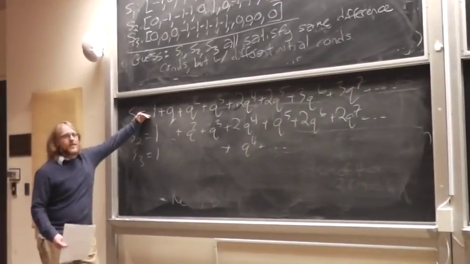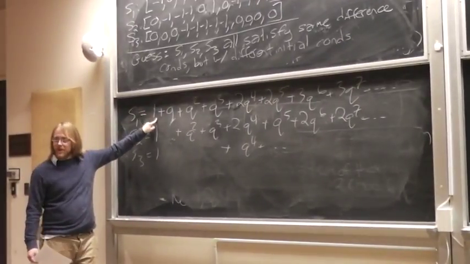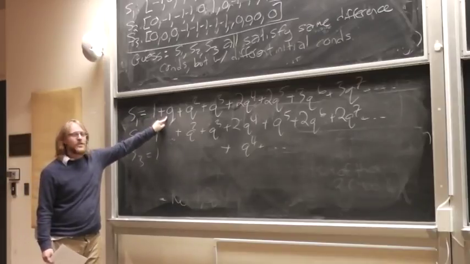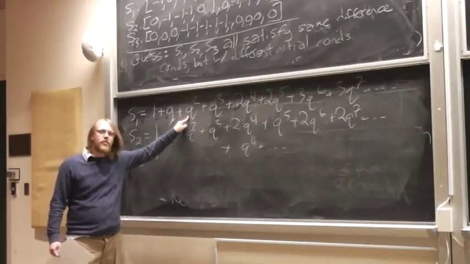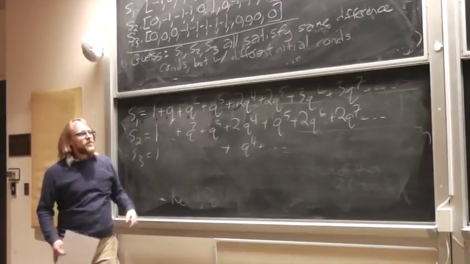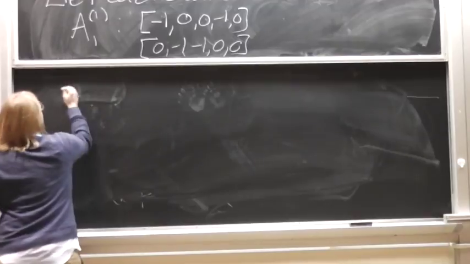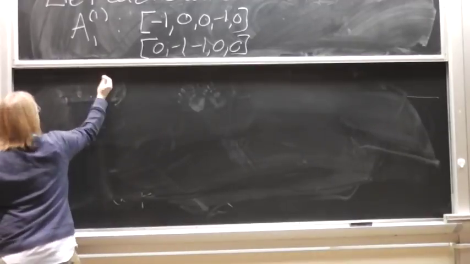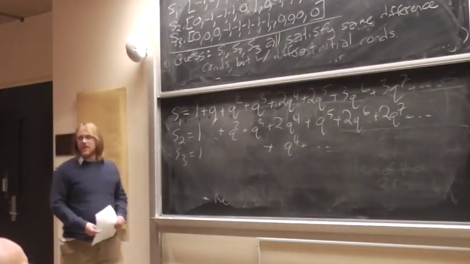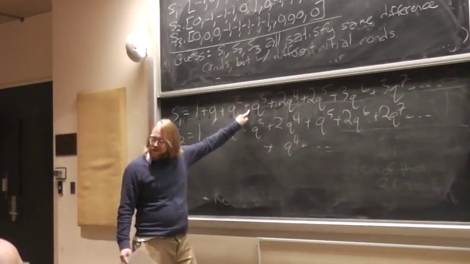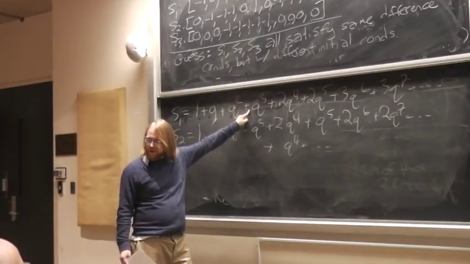So let's look at this S1. There's one partition of 0, and in general, there's one partition of 1. There are two partitions of 2, but we only want one of them. The question is, do we want to ban 2 or do we want to ban 1 plus 1? It feels more natural to ban 1 plus 1. Let's have the bad ones written over there. Now we have 3: 2 plus 1, or 1 plus 1 plus 1.